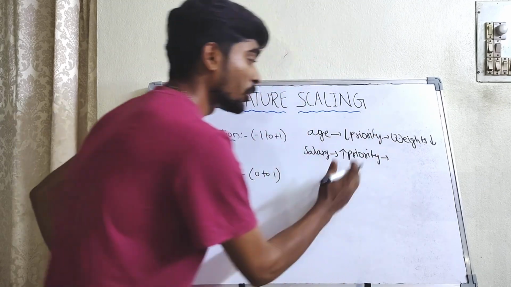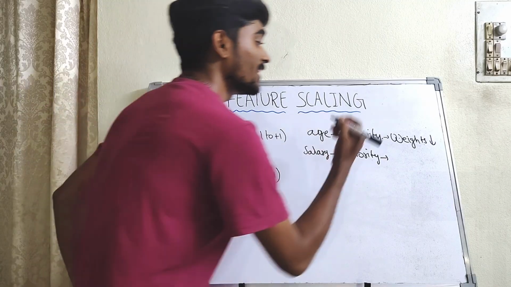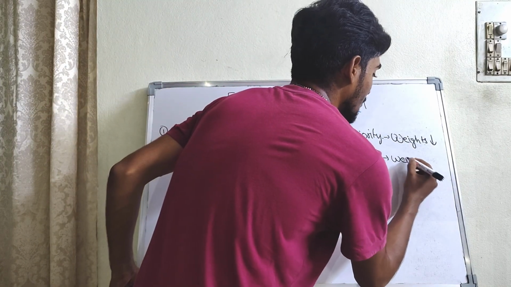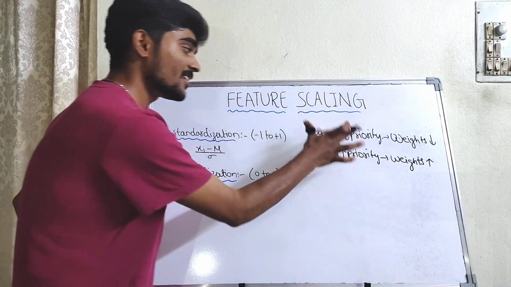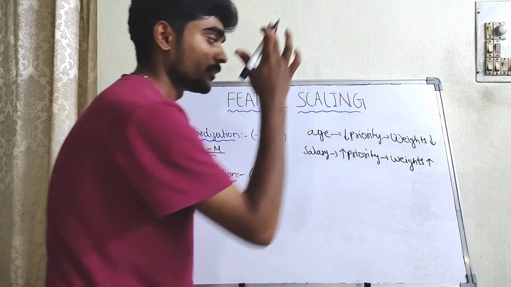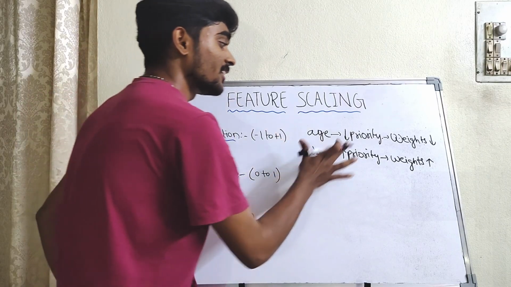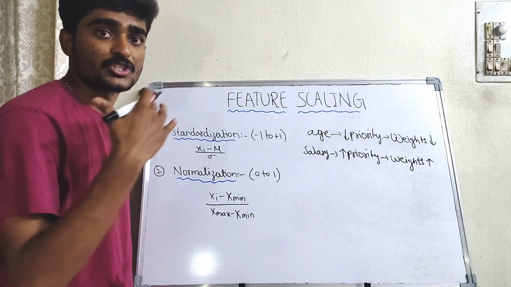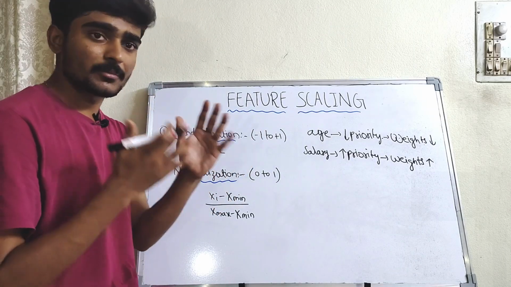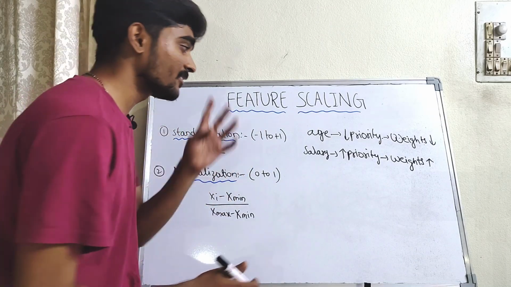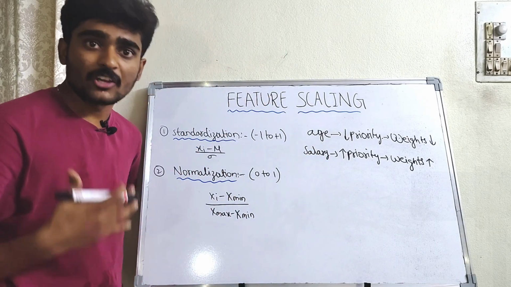Due to higher importance, the weights assigned to the salary column are very high. The weights assigned to the age column are very low, whereas the weights assigned to the salary column are very high. Due to this imbalanced assignment of weights, with such drastic differences, various problems occur.